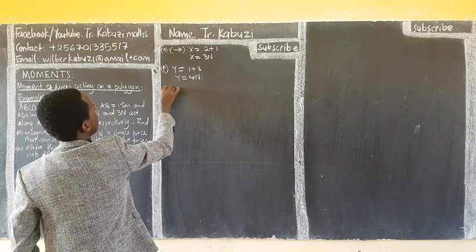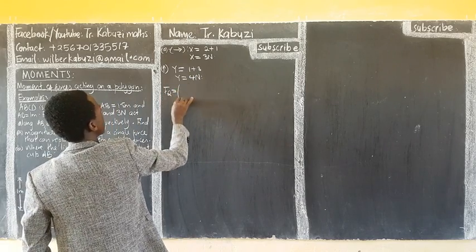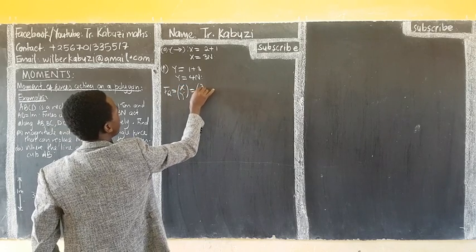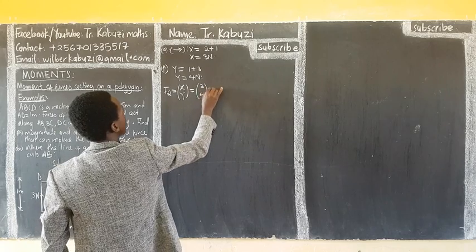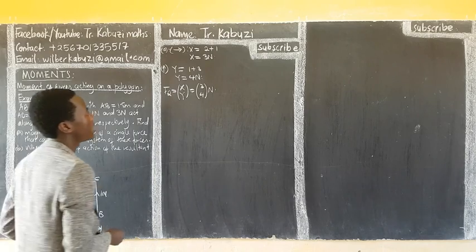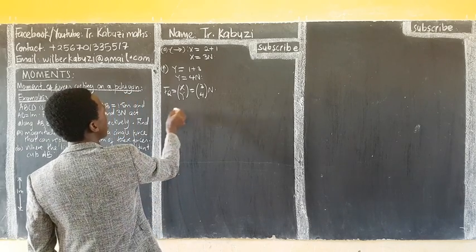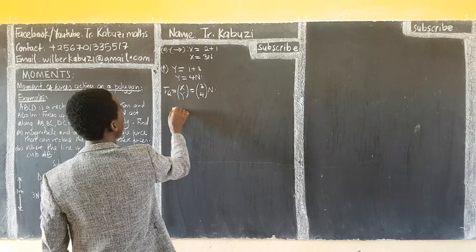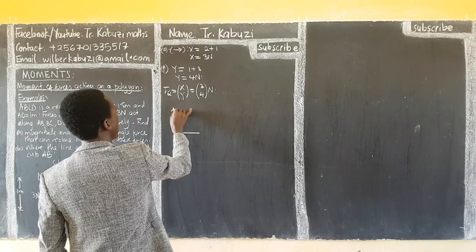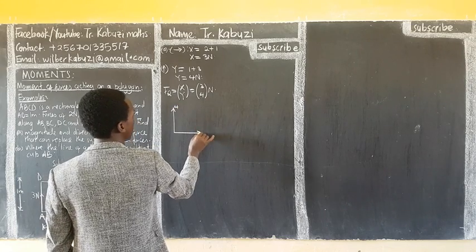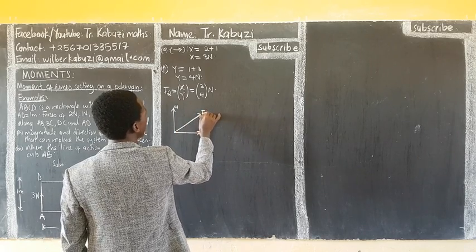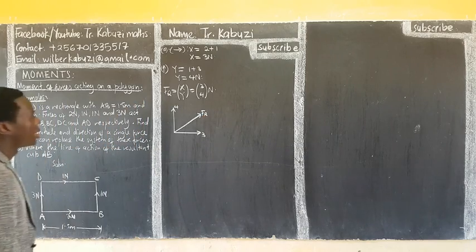So my resultant force, Fr, given by X, Y, will be 3, 4 in newtons. This is positive and this is positive. So this is how that force is going to be: positive 4, then positive 3. And this is going to act as our resultant force.